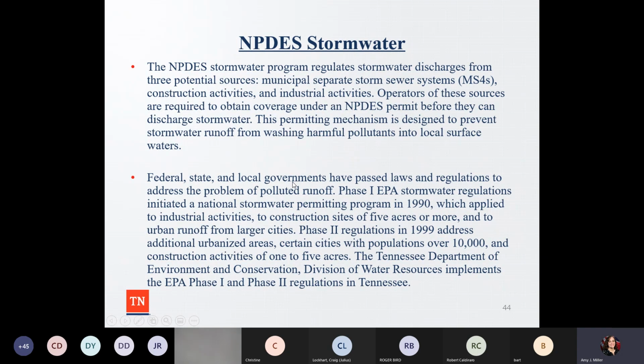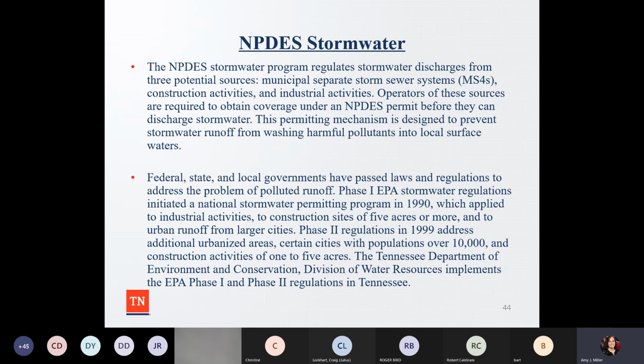So again, there is NPDES stormwater. There is a stormwater program that regulates stormwater discharges from 3 potential sources. So we have our MS4, the municipal separate storm sewer systems, construction activities, and industrial activities. So operators of these sources are required to obtain coverage under an NPDES permit before they can discharge stormwater.